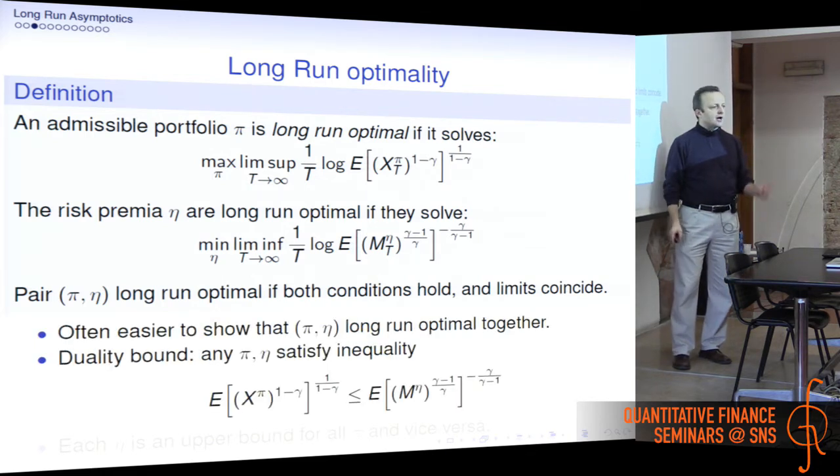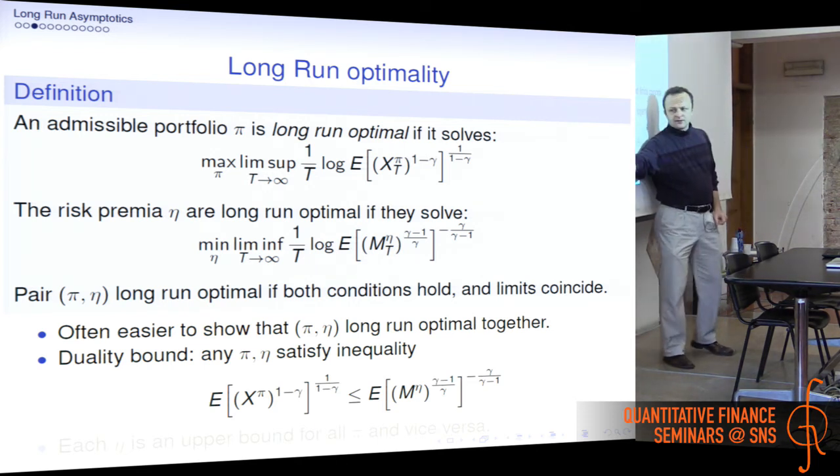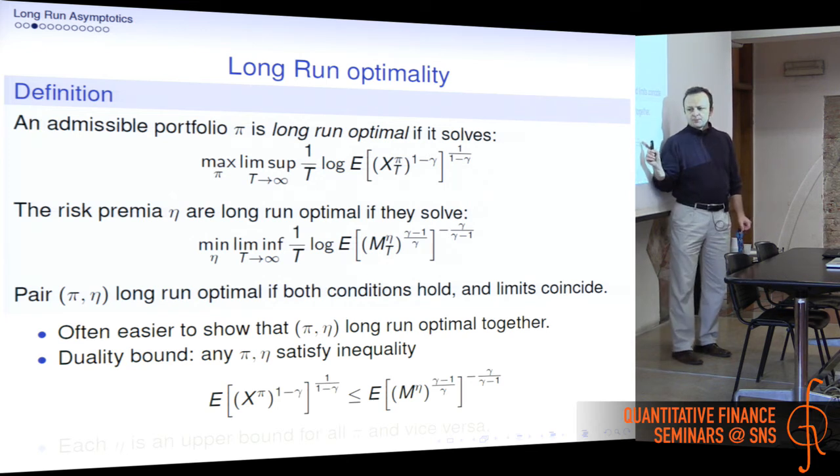But if you look at the duality bound that we did 2 days ago, then you see what is the relation. The duality bound for power utility tells you that the certainty equivalent of any portfolio is always less than or equal than the power of a moment of the stochastic discount factor, for any stochastic discount factor. So you can pick any x here, you can pick any m here, the inequality is always true, which means that here you can take the sup over x, here you can take the inf over m, and the inequality is still true.